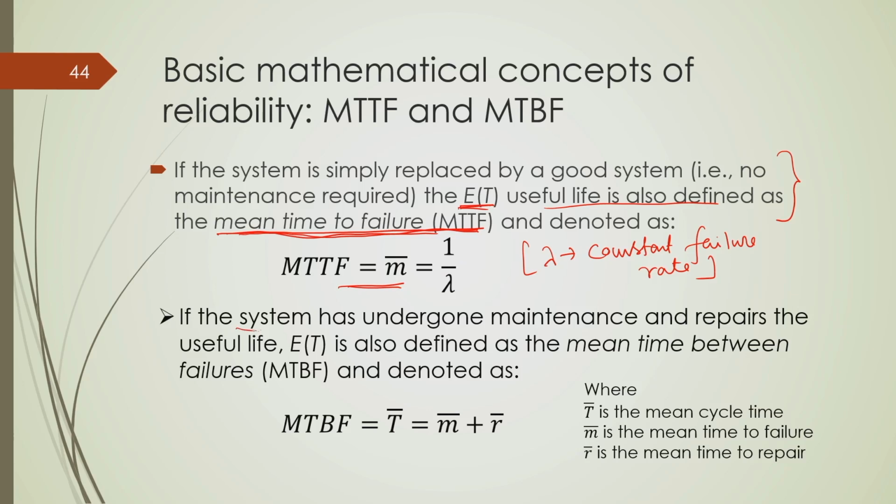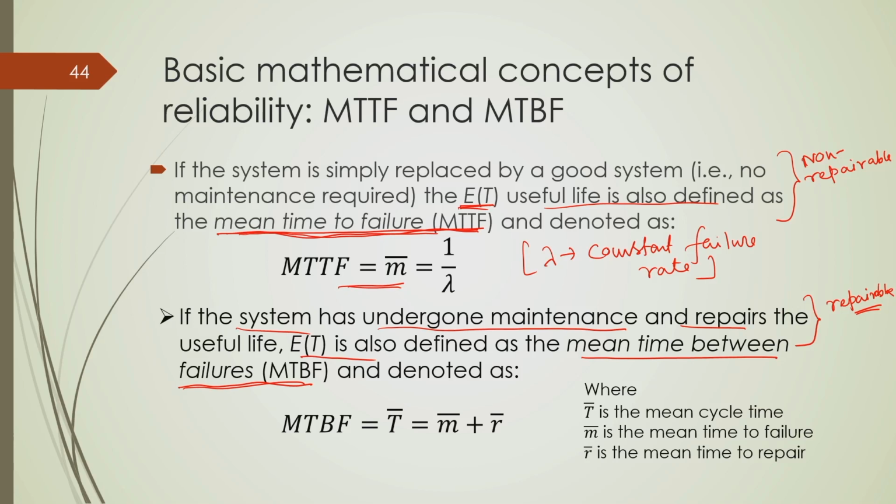Now, if we have some equipment which will undergo maintenance and repairs, these equipments are repairable, and the others are non-repairable, or unrepairable. For repairable equipment, the expected lifetime is defined as mean time between failures. As I will show you, this type of equipment will undergo certain ups and downs.